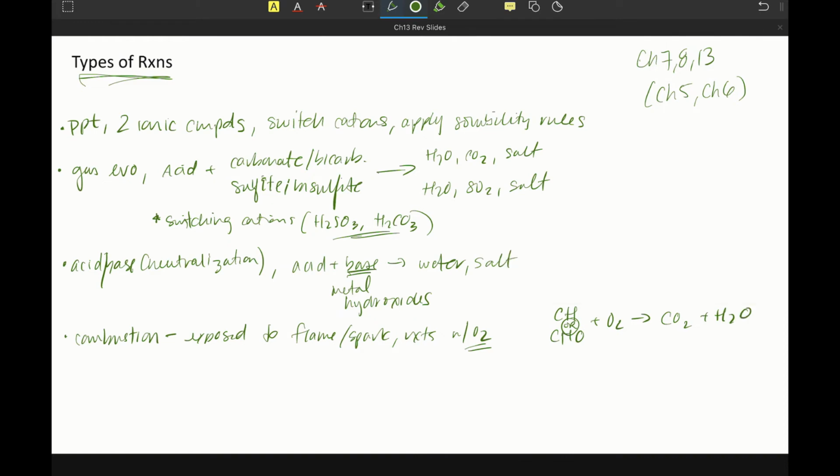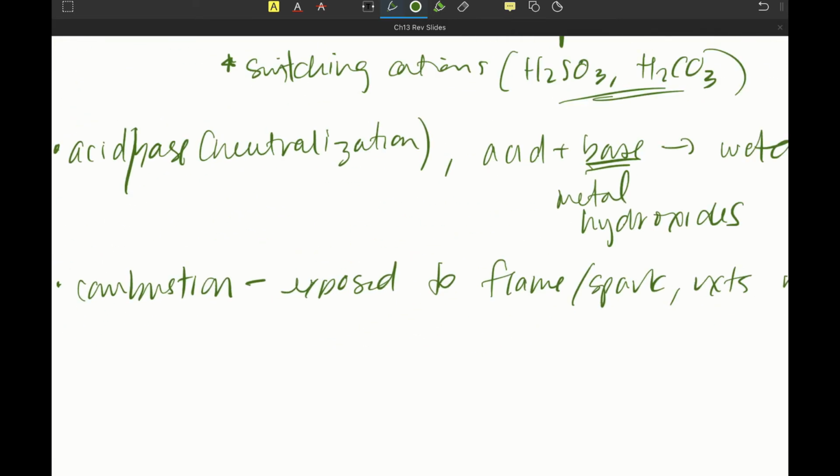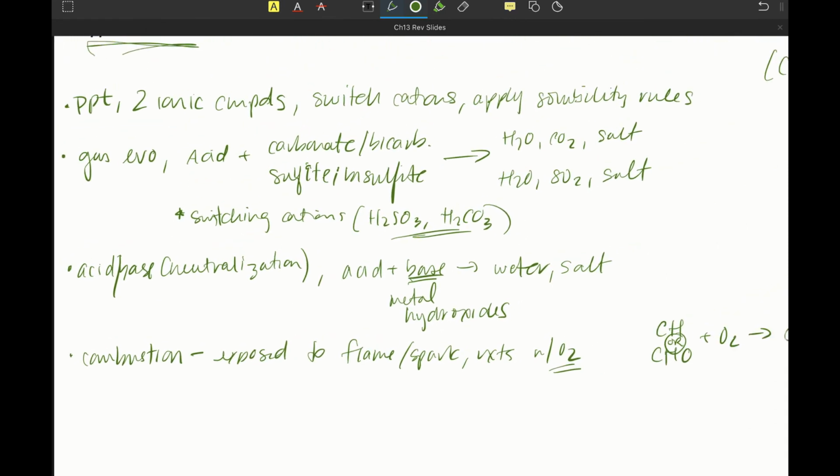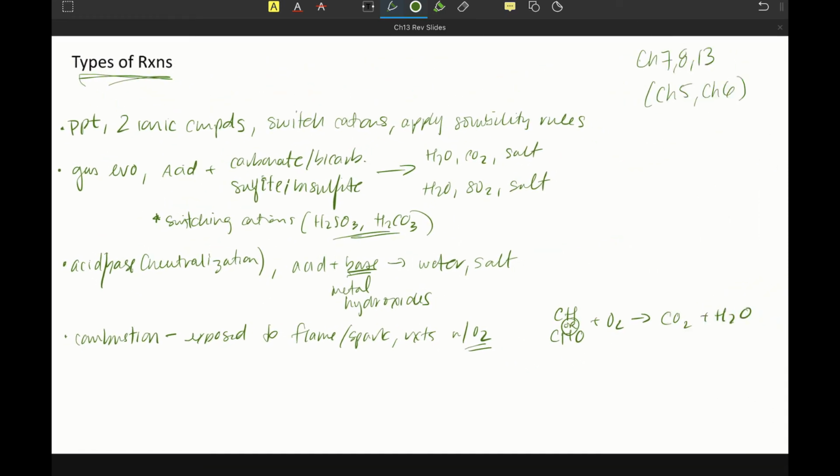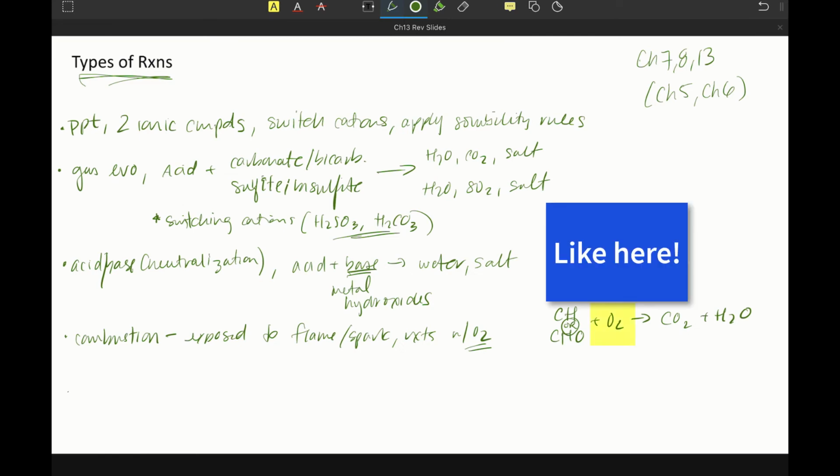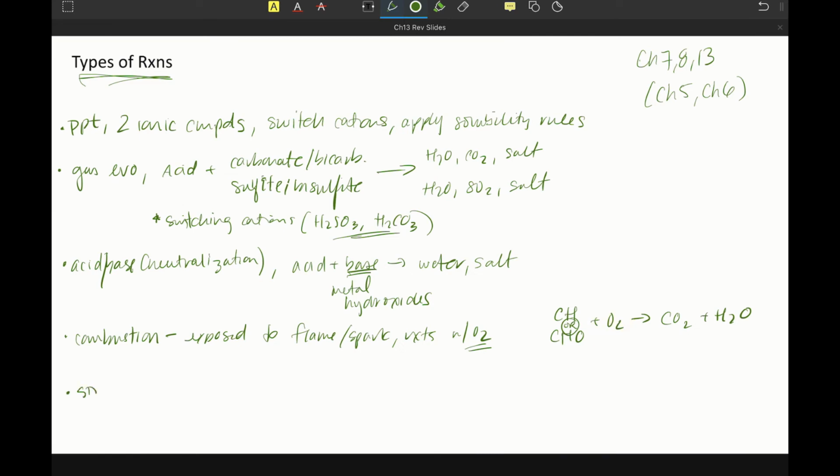We also have our other redox types, and don't forget, we originally said that redox was anytime we pretty much have elements. If we see elements on either side of the reaction, we can sort of gather that it's a type of redox. But we talked about a single displacement, where we have an element plus a compound.